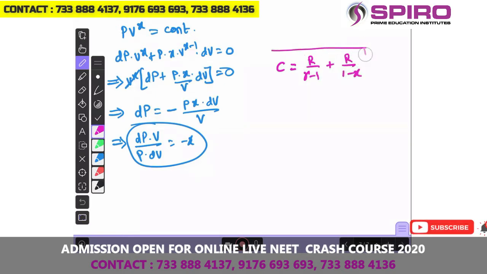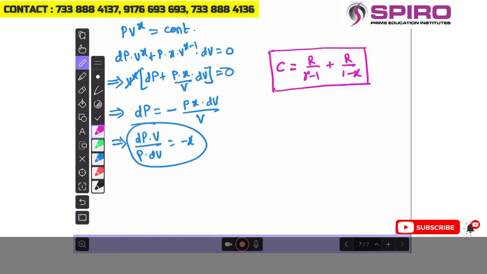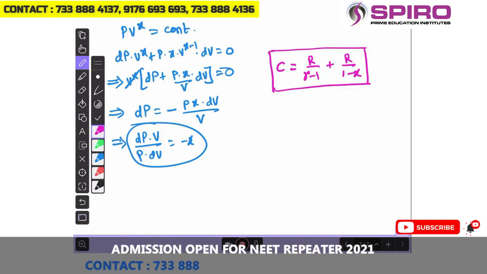This is the specific heat of polytropic process. And you know what is the value of x for different significant processes?